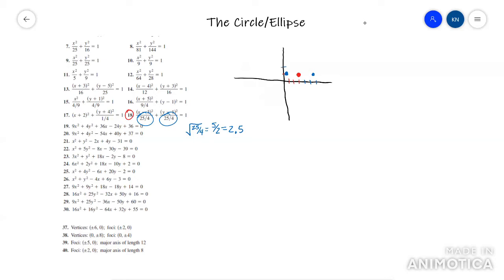So I'm going 2.5 up, and then 2.5 down, and then I have my circle. So even though it's a fraction, don't let it confuse you. Just stick to the plan and square root it, and that's how far left, right, up, or down you have to go. Not that big of a deal that it was a fraction. Okay, the next one I'm going to look at is number 7.